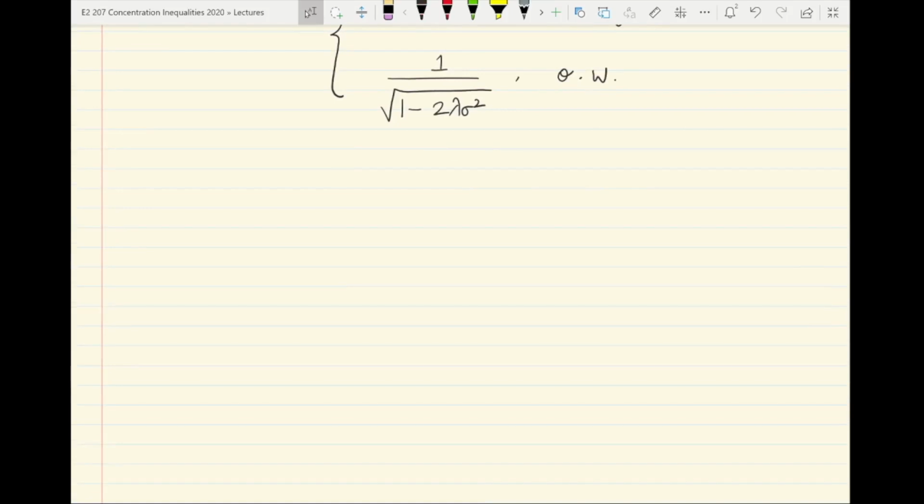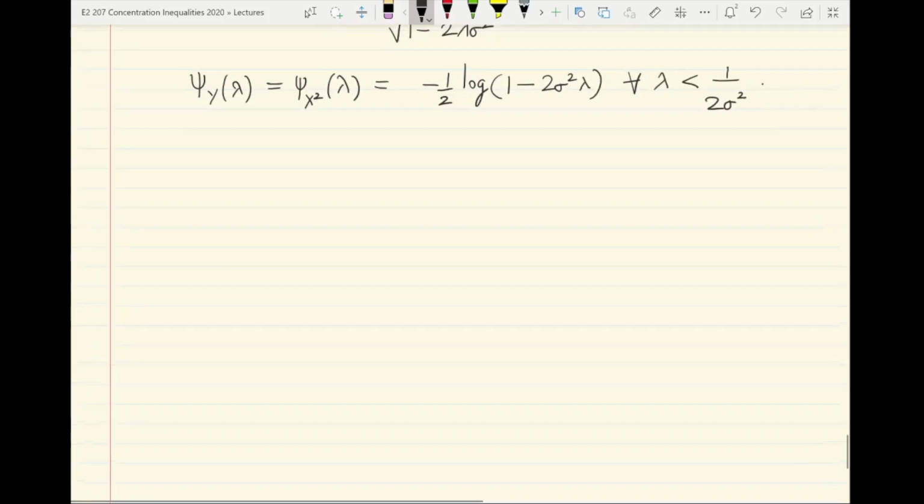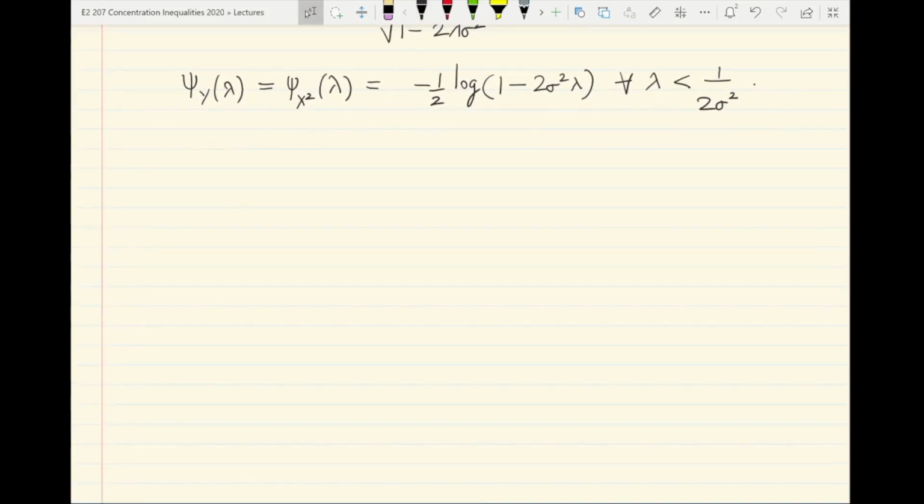So this means that C_y of lambda, which is C_{x square} of lambda, is equal to minus half log of 1 minus 2 sigma square lambda for lambda less than 1 by 2 sigma square. So we will find it convenient to proceed with our derivation if we center y.